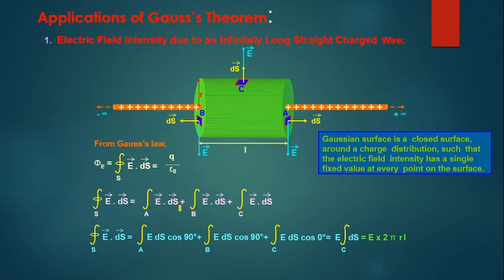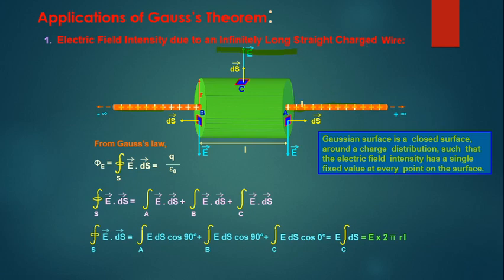Then the application of the Gauss theorem. The first application of the Gauss theorem is the electric field intensity due to a uniformly charged long straight wire. This is a long uniform wire having a positive charge over it, and the wire extends from minus infinity to plus infinity, meaning a uniformly charged long wire.